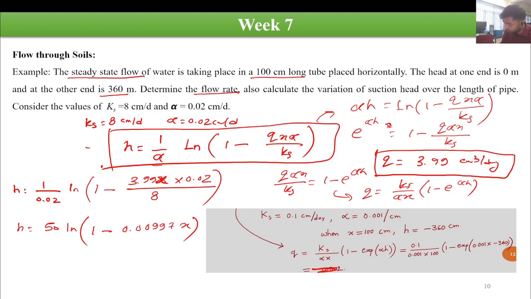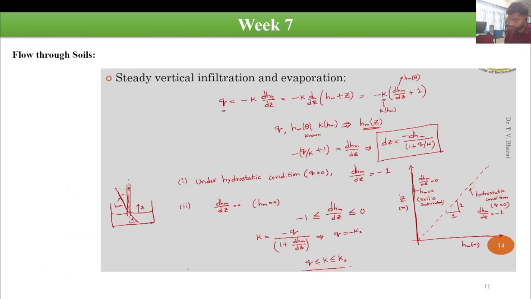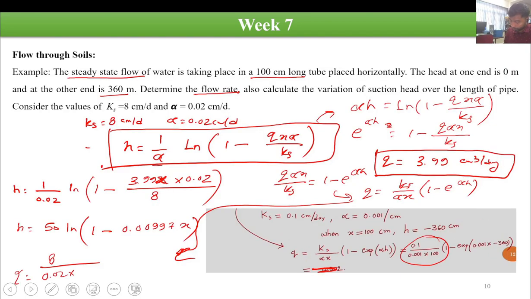Okay. Here, if we put the values, then what will we observe? The value of Ks is given as 8. Okay, so these values which are here are for another question. So the value of K is 8, the value of alpha is 0.02, the value of x is 100, and the term is 1 minus exponential of 0.02 into 100.